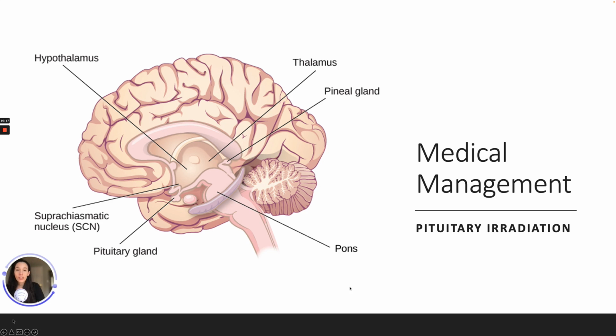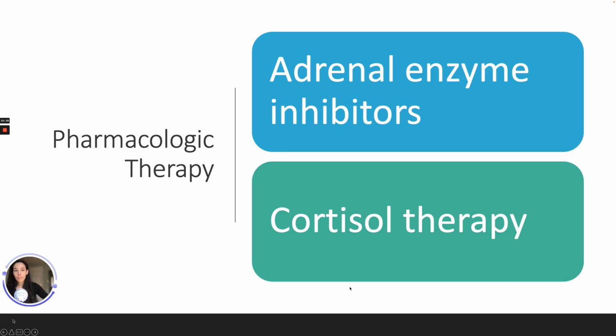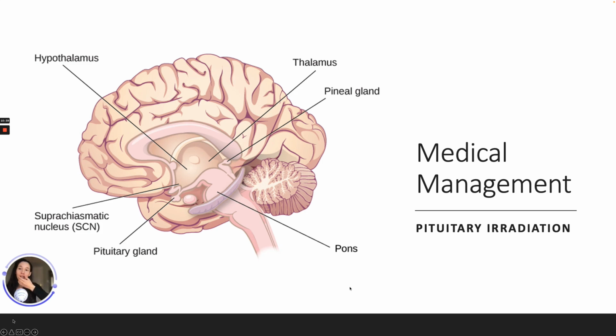Radiation therapy uses high-energy X-rays or particle rays to kill tumor cells, and this type of treatment is given by a doctor called a radiation oncologist, and they pretty much direct the radiation in the direction of the tumor from outside of the body. So if we just go back to this real quick, you can see the pituitary gland is very small, in the center of the brain, kind of the lower front center of the brain.